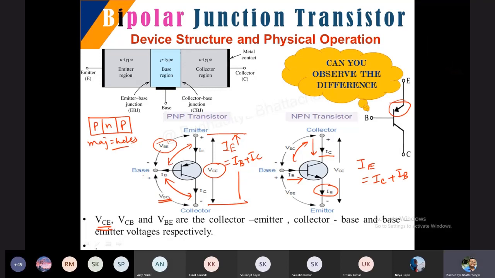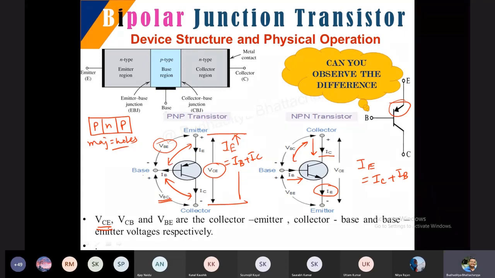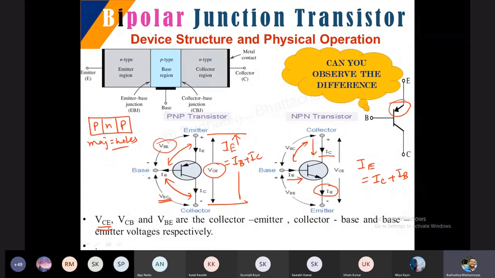So these are the three voltages. We have three currents, IE, IB, and IC, whereas there are three voltages, VCE, VCB, and VBE. All these six parameters are crucial for maintaining the transistor in different operations altogether.